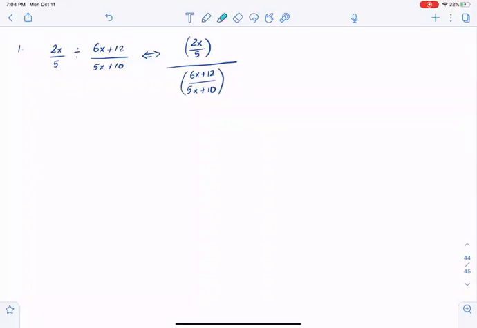So that division is what we have here. Now, fraction over fraction, rational expression over rational expression, we just flip and multiply.